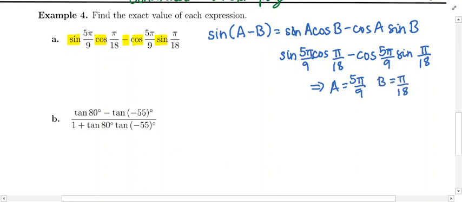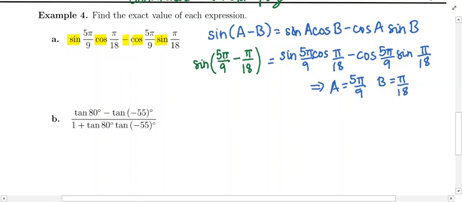So we've got the right side of the equation filled in. If we go backwards to the left side, this is going to be equivalent to the sine of the A value, which is 5 pi over 9, minus the B value, which is pi over 18. So all we need to do is simplify this.